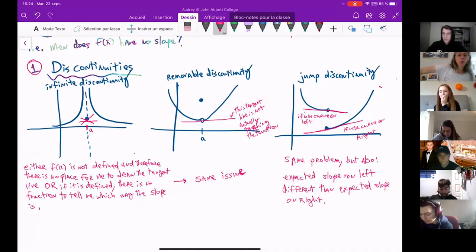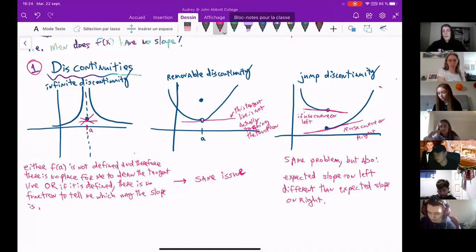Okay, so in other words, what we're seeing is that if there is a discontinuity, then I don't have slope, and therefore I do not have a derivative. So another way of stating that is by saying that if f of x is differentiable, then it's also continuous.